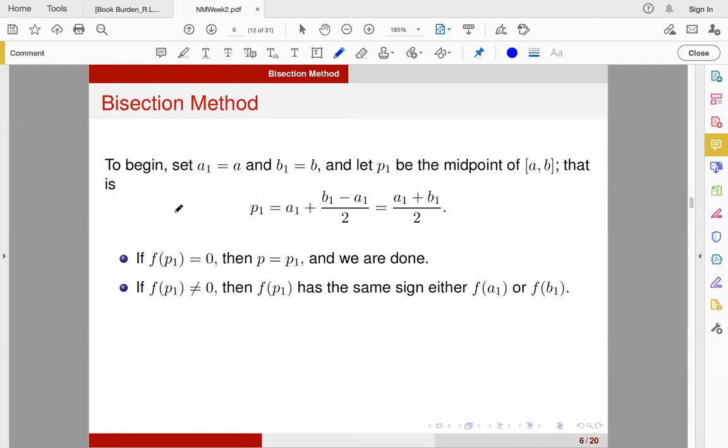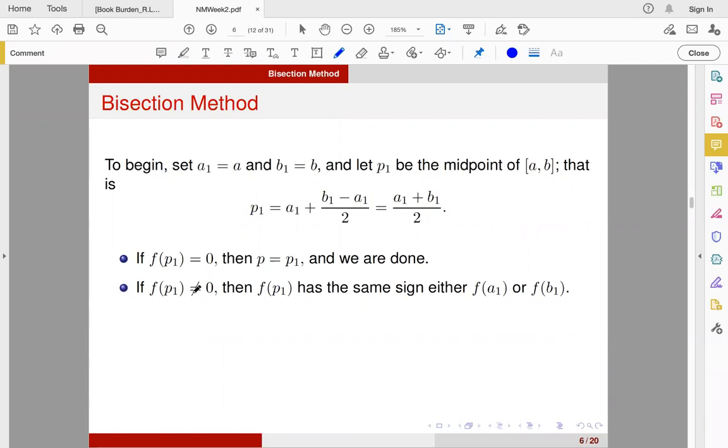In here, we want to find FP1 equals 0. This is the algorithm. You calculate this and then you check: if P1 equals 0, then P1 is the root, the point that we desired to find.